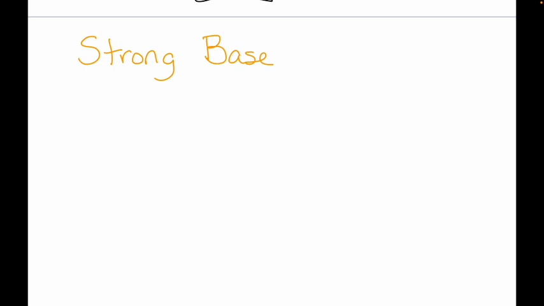That's how we spy a strong acid, if it's part of that list. Strong bases are a little bit easier. These are just any soluble ionic compound that contains a hydroxide ion.